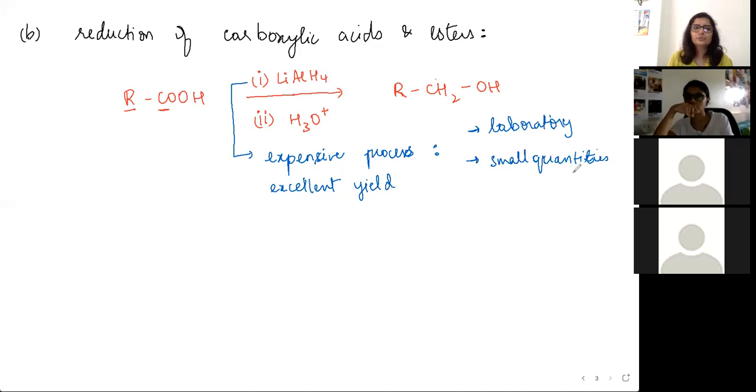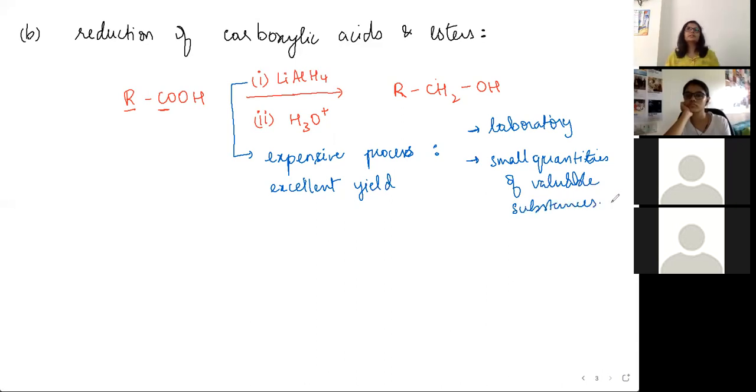When you want to prepare really valuable substances in slightly smaller quantities, that's when you will go for this particular process. Valuable substances in the sense of something that's not widely available. If you want to synthetically produce a drug or a hormone, things like that. I don't know the specific cases, but that's the context that I've read about.